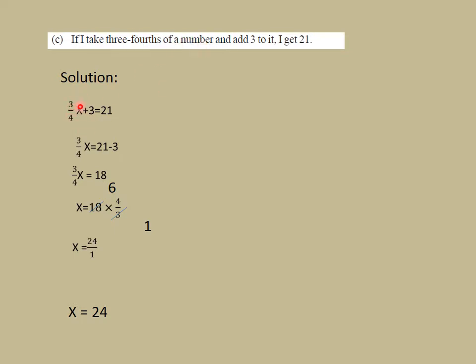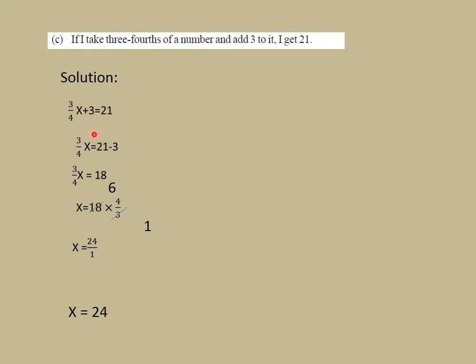Take the number as x. So 3/4 of a number x, and add 3 to it, plus 3, I get 21. If I take 3/4 of x and add 3 to it, I get 21. So it is equal to 21.